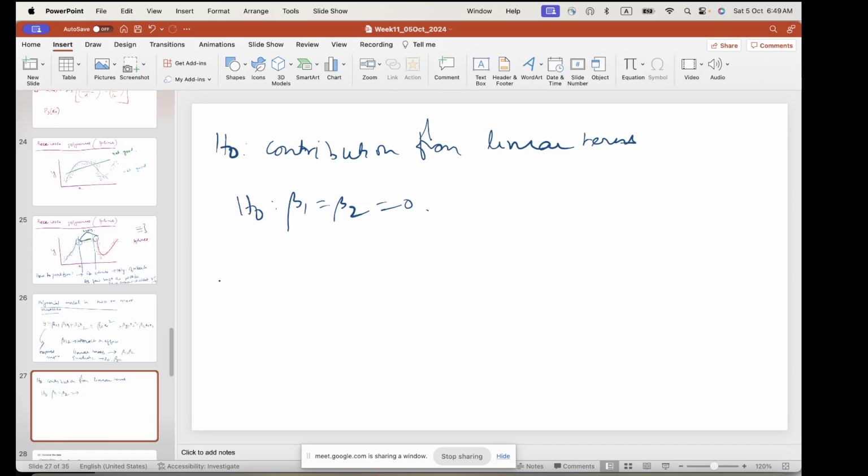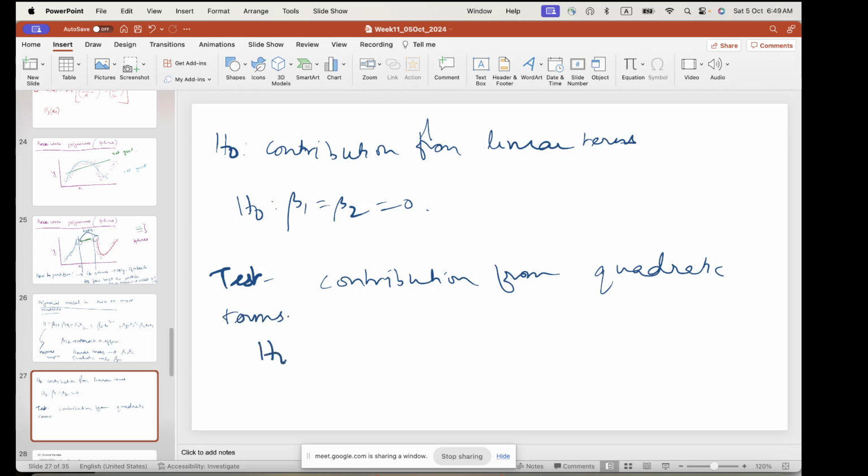To test for contribution from quadratic terms, we test beta 11 equal to beta 22, and also the interaction beta 12, equal to 0.